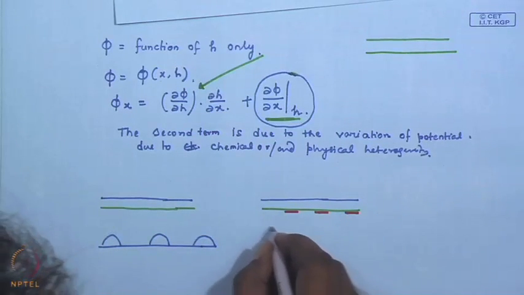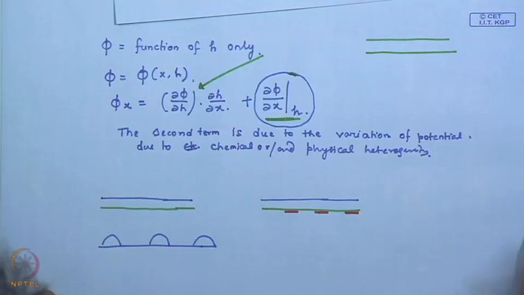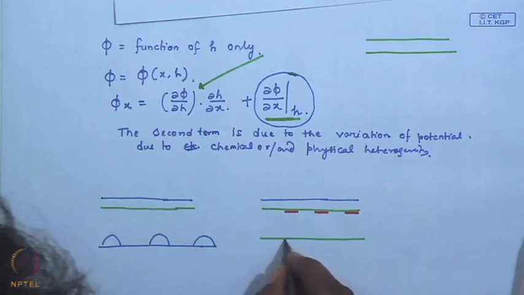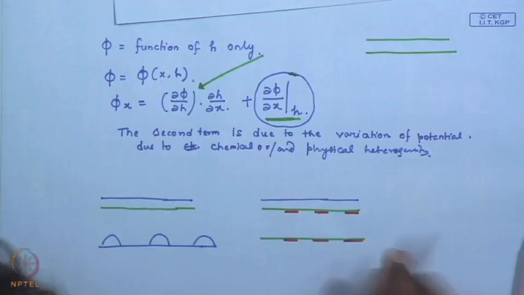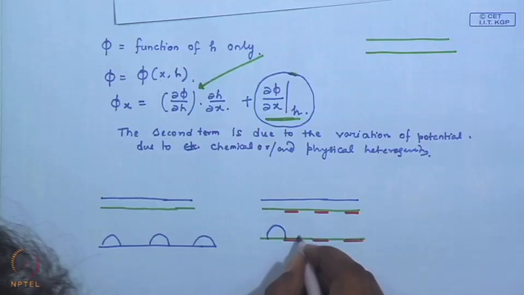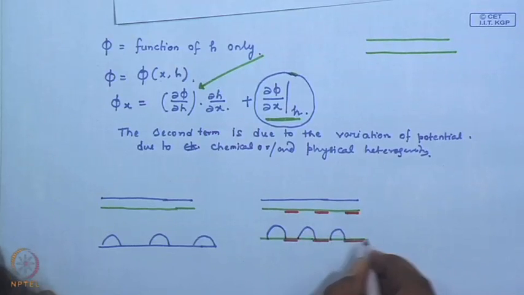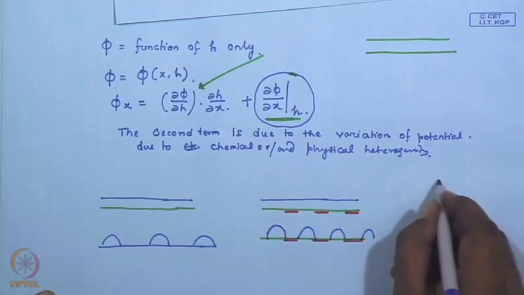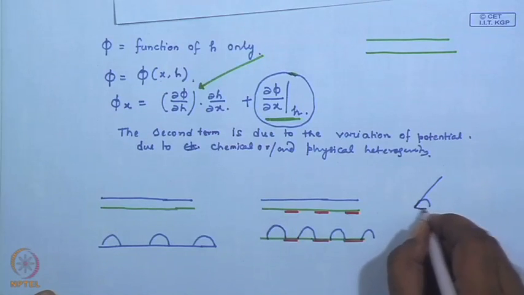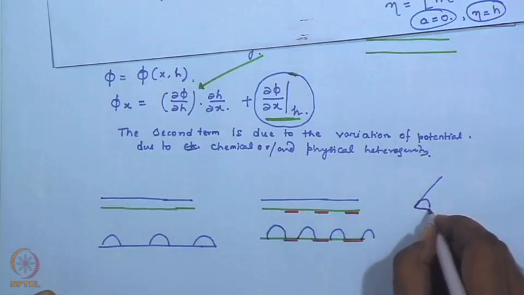In contrast, the likely scenario is that the film is going to rupture only over these locations, and the remaining part of the polymer will retract to the areas having gamma 2.